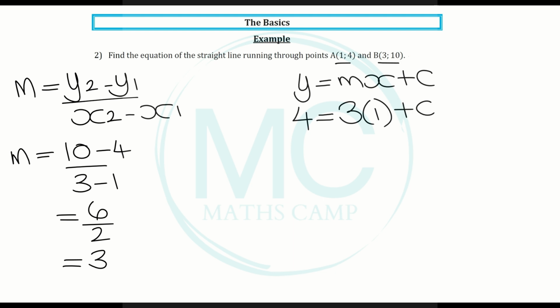Let's move 3 to the left. 4 minus 3 gives us 1, and this is equal to c. So the equation for this line becomes y is equal to 3x plus 1.